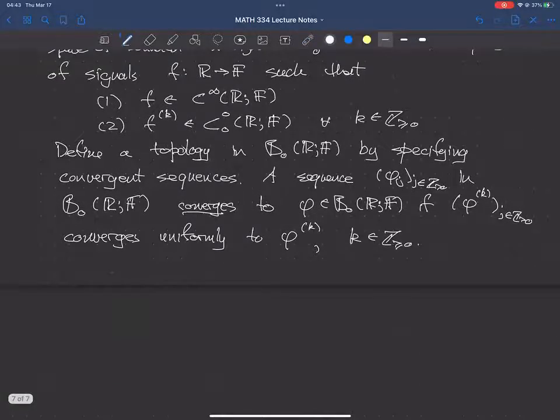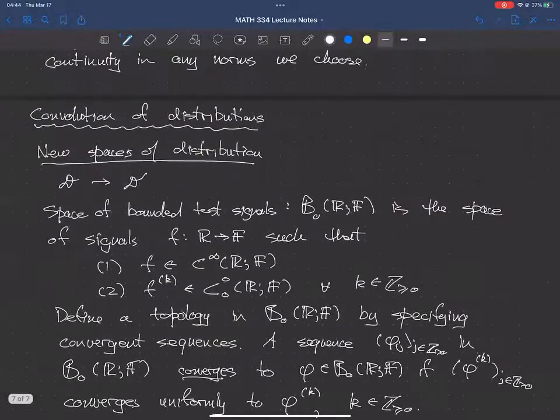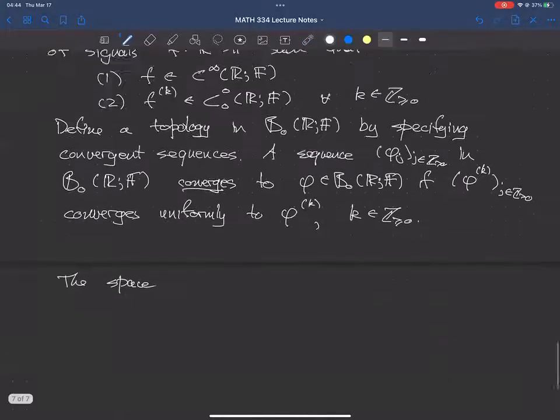So the space here we denote by D prime L1. The notation is kind of funny here because it was D and D prime, and here it's not.